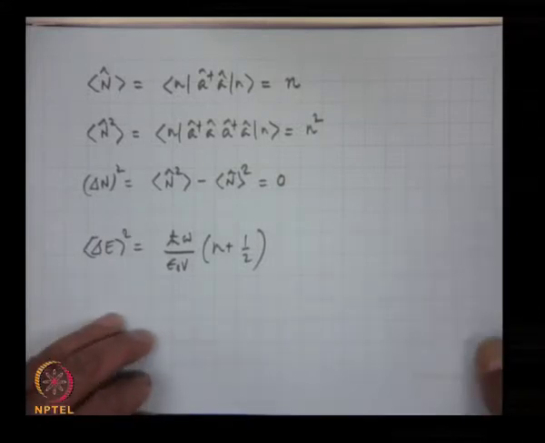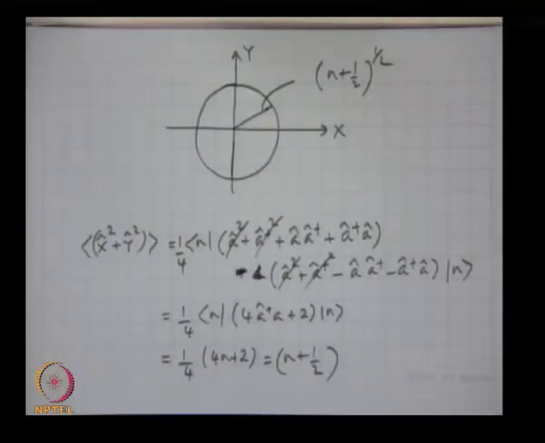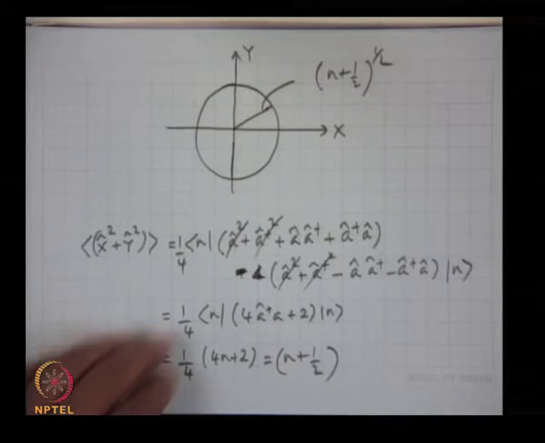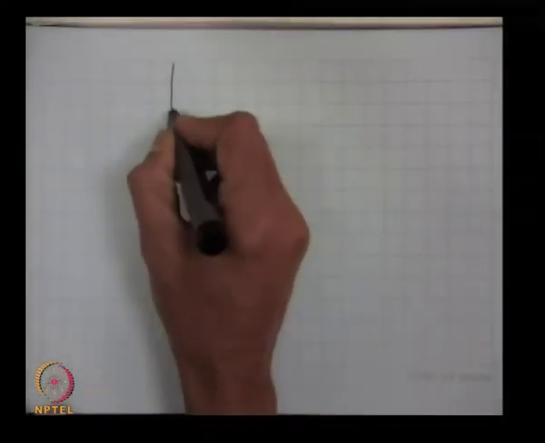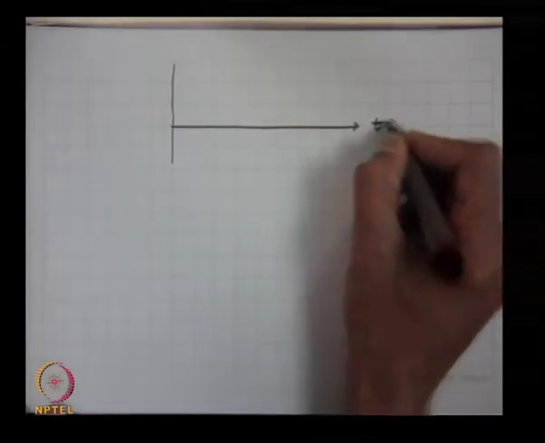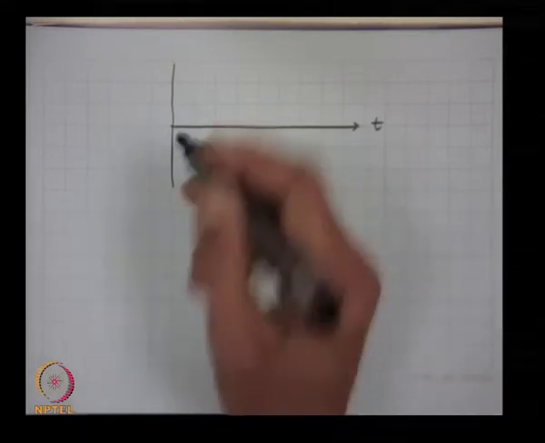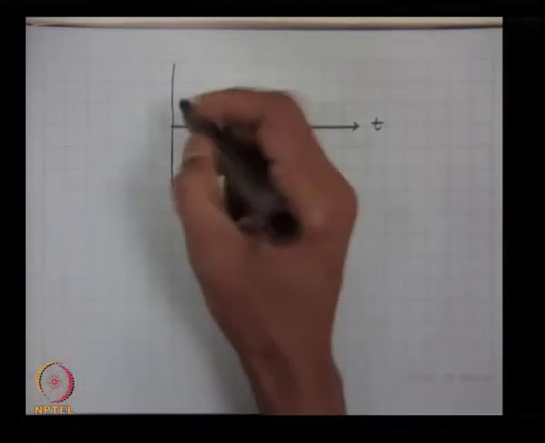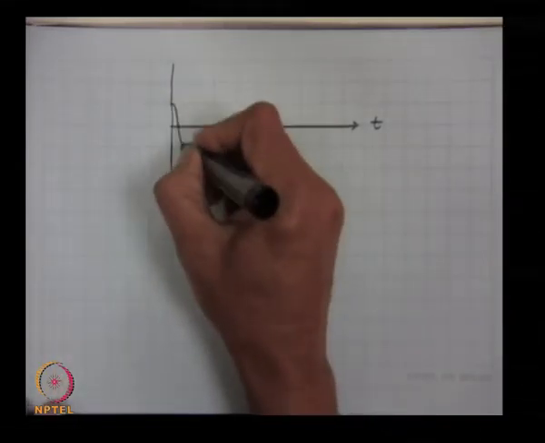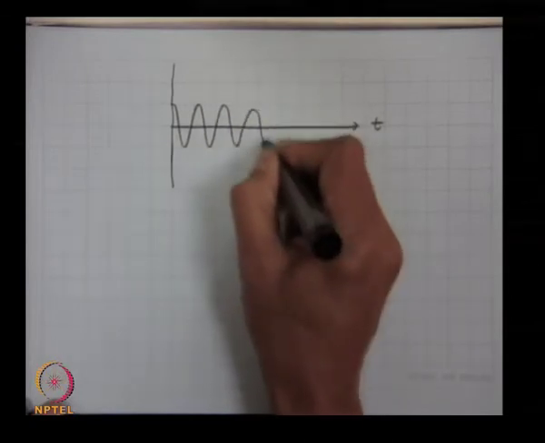Now, there is another way also of looking at the fact that the average electric field is coming out to be 0. There is another picture that I can draw. If I were to position myself at a certain value of z and measure the electric field, because the average value of the electric field is 0, what I will actually get is that each observation will have a different phase.